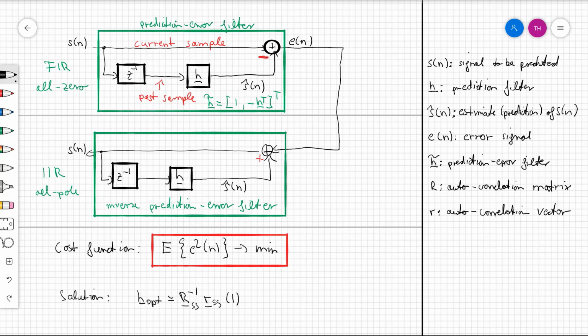Also, the difference to the Wiener filter: you remember we had our vector at 0, and when we looked at the correlation, the vector was filled starting from lag 0 to lag n-1, with n being the filter length. But here, with linear prediction, we start at lag 1 going up to lag n. This we need to keep in mind when we write down the solution. This then gives you the solution for the coefficients of the prediction filter.